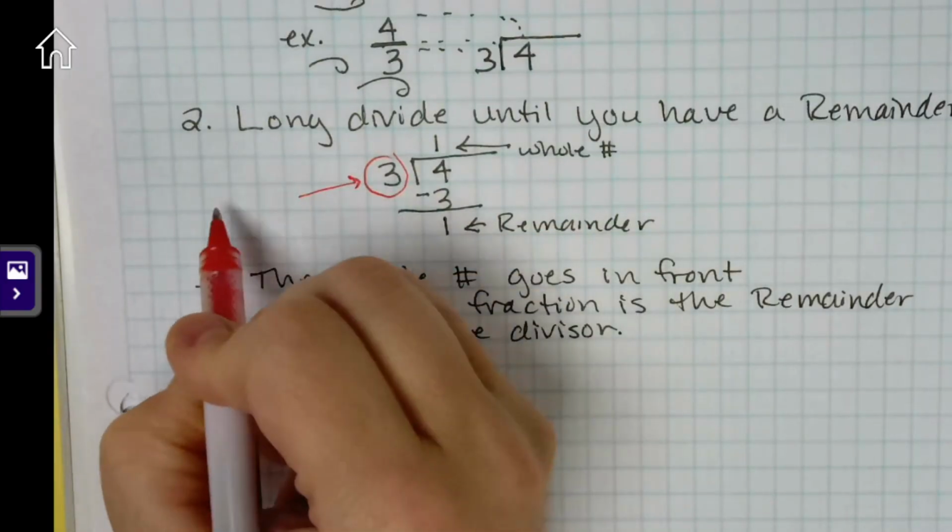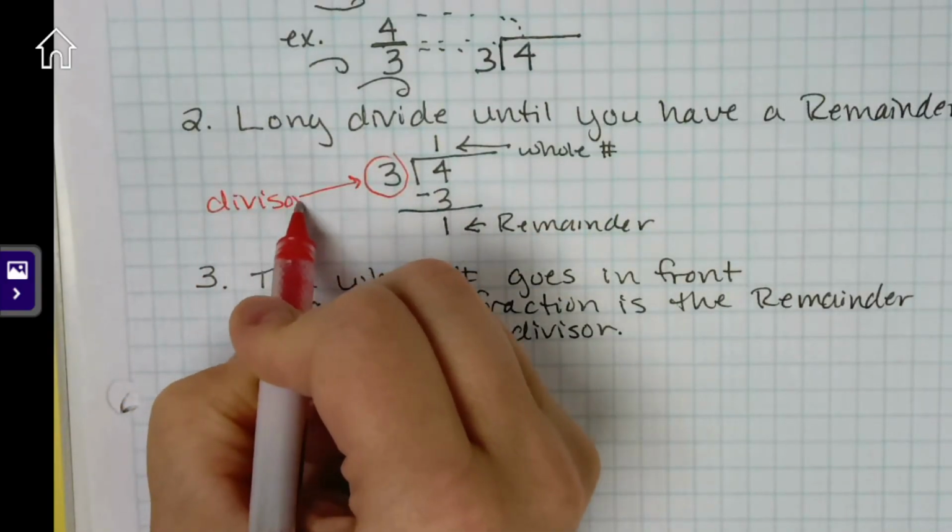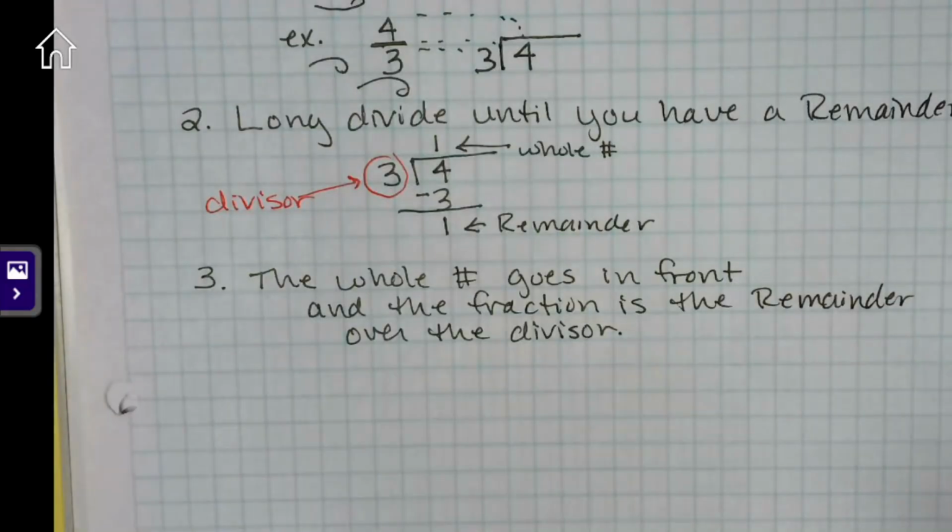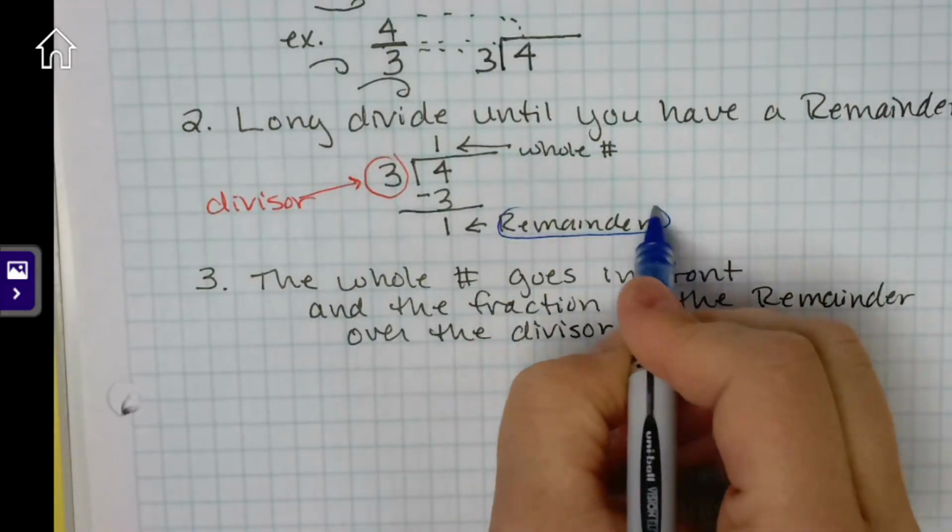And in this case, the 3 is the divisor. That's the remainder.